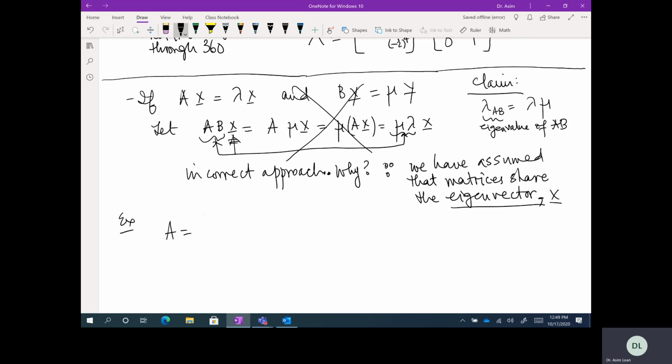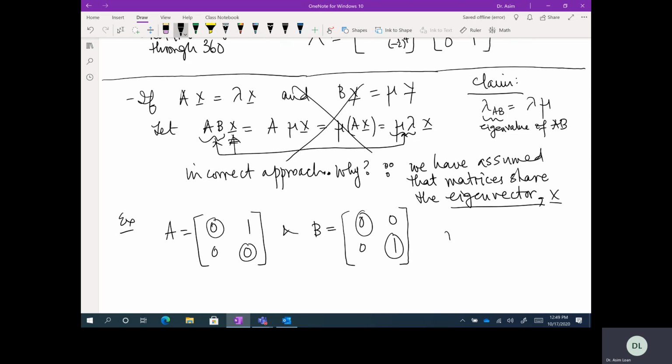So A equals [0, 1; 0, 0], and B equals [0, 0; 1, 0].